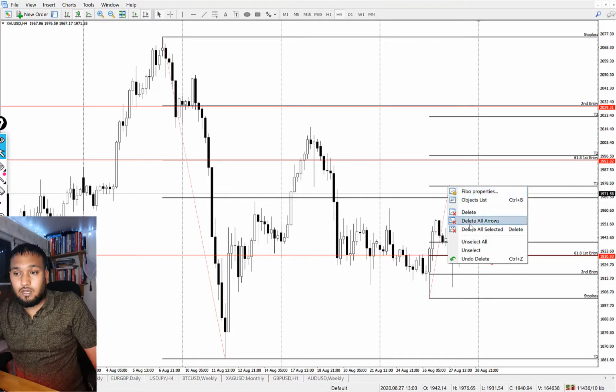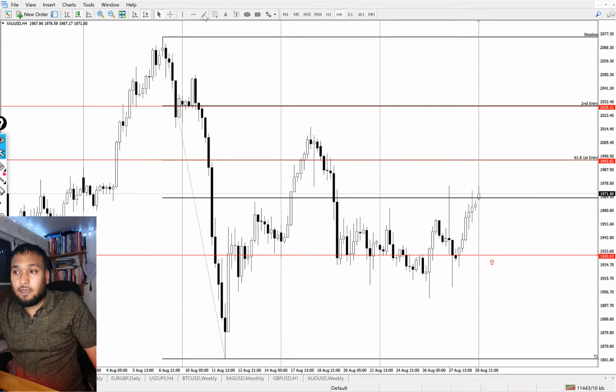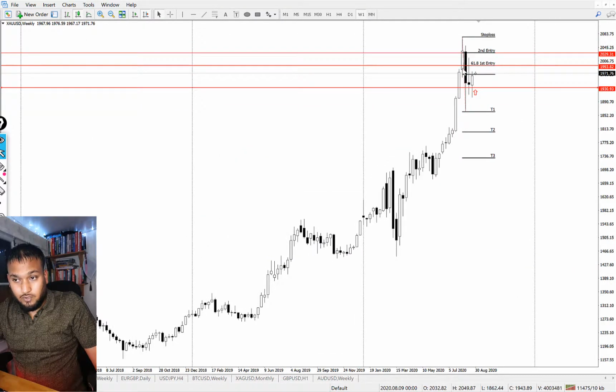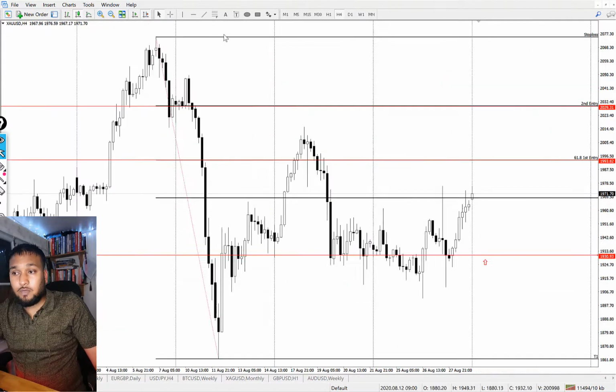That's long here, and if we get rid of that, any pullback up into this entry based on two weeks ago, so like 1, 2, 3, three weeks, the highs and the lows of the week before last week would be the measurement here that we're looking at.